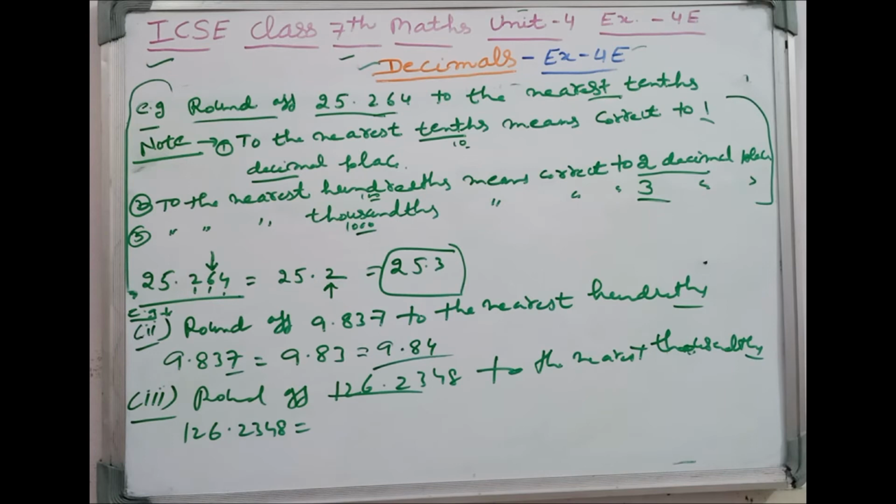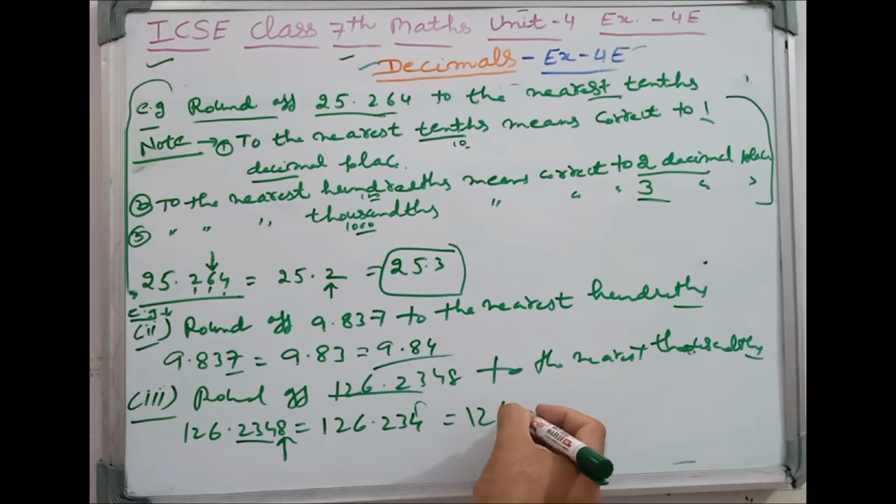Thousandth means three zeros, three decimal places. So our required number will become 126.234. Now see the fourth digit, which is the remaining 8. It is more than 5. So we will add 1 to this number. So our answer will be 126.235. Right, students?